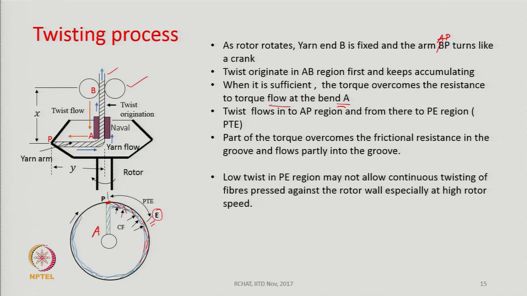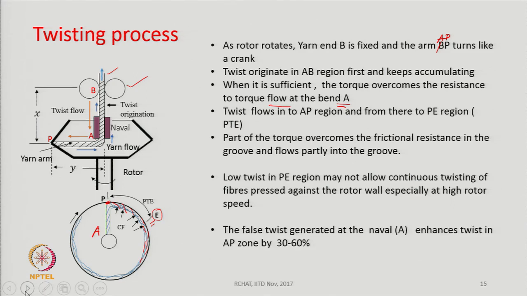So, the torque has to overcome that also. So, it flows up to a certain distance, not over the entire periphery of the rotor. Low twist in the PE region may not allow continuous twisting of the fiber pressed against the rotor wall, especially at high rotor speed.